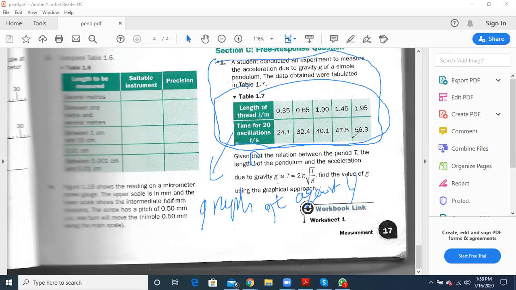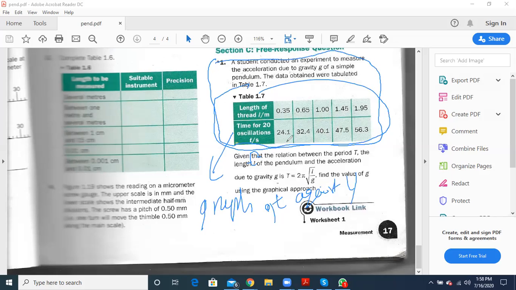And when you have the column for T square, then you will again plot the graph, but this time the graph would be of T square over length. And you should get a straight line passing through the origin. Is it clear?